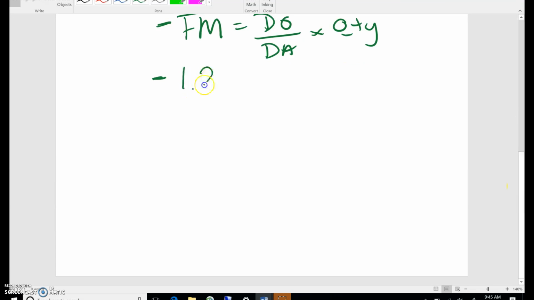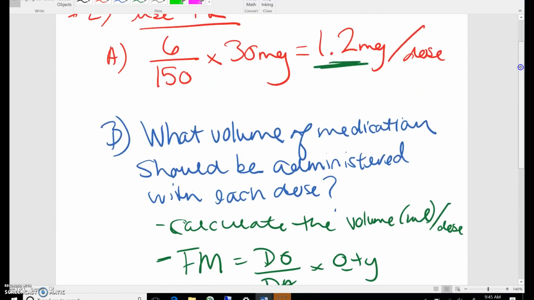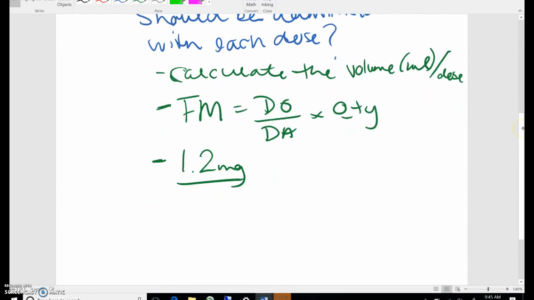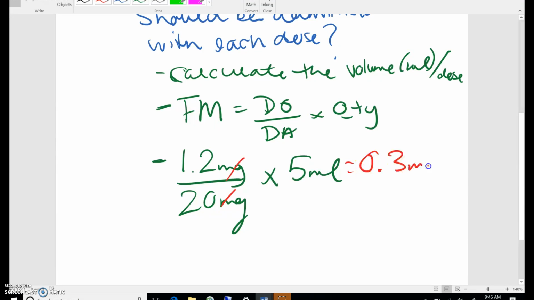So I'm going to take 1.2 milligrams over what's the availability of the drug. The availability of the drug, we know, is 20 milligrams. And you multiply it by the quantity that's associated to that 20 milligrams, which is 5 milliliters. Well, milligrams cross out. If I take 1.2 over 20 and multiply it by 5, you get 0.3 milliliters per dose.